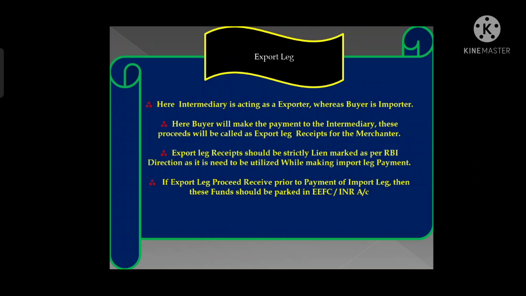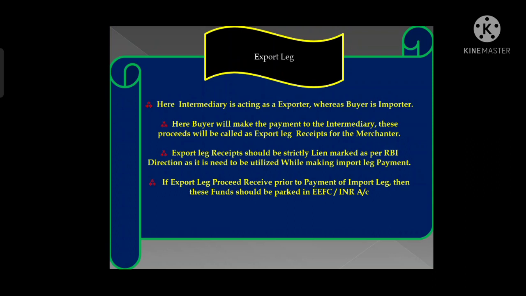Now we will talk about the export leg. In the export leg, the intermediary or merchant trader, that is the Indian entity, is acting as an exporter, because it is exporting the goods. Whenever it exports goods, someone is buying them, so the overseas buyer is the importer of those goods.